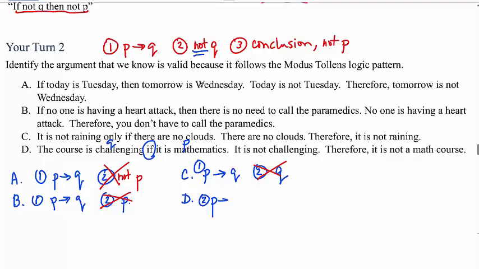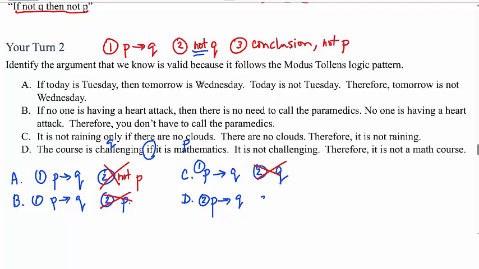So we have P implies Q. Sure, we could write it as Q happens if P happens. The arrow would have to go backwards, so we don't usually do that. So we just think of it as an if-then statement. If it is a math course, then it is challenging. Okay, so we have that.